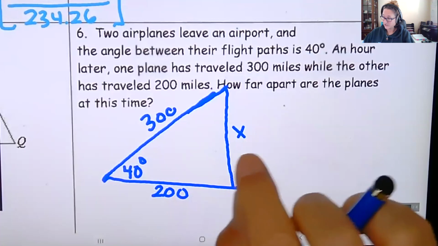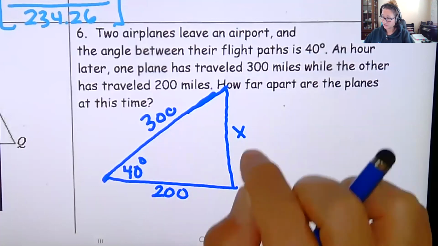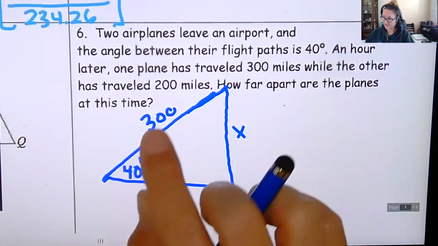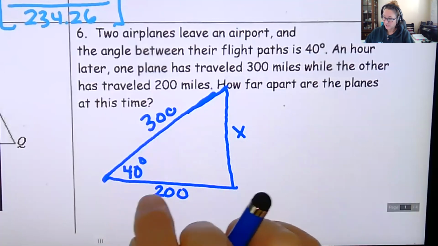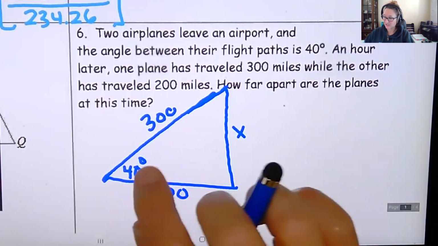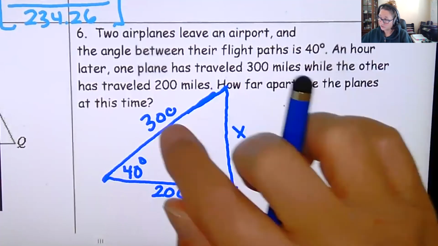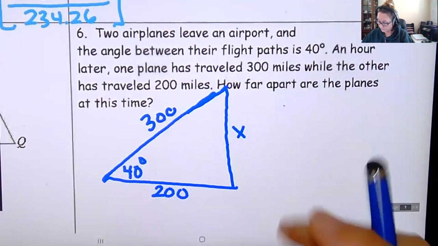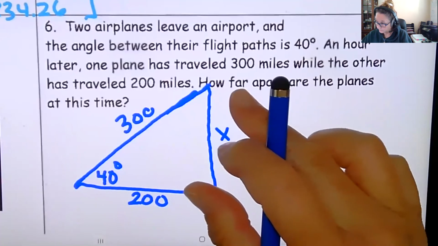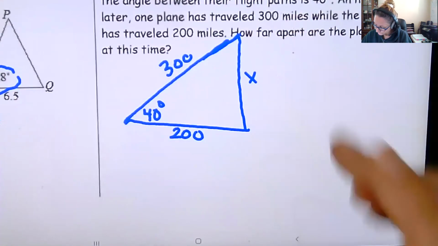So in this situation, I have two sides. I want to find this third side, and I have this angle, and this is that side angle side relationship. I am going to have to do law of cosines. I cannot use law of sines because I don't know this pair. I don't know 200 with its angle. I don't know 300 with its angle. I have to use law of sines, I mean, law of cosines. I apologize. So let me do it underneath this.